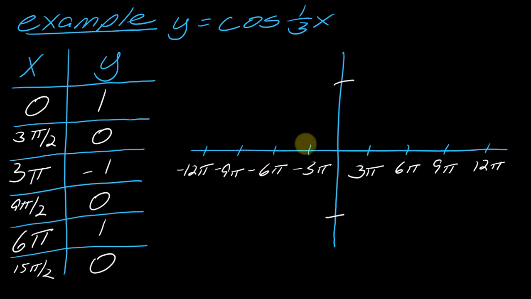I like to come up with a scale based off of my table. So now I am going in 3 pi, 6 pi, 9 pi, 12 pi, and the highest and lowest here is 1 because that's what's in my table. And I would recommend that you take a moment to plot all the points that we have in our table on your graph.